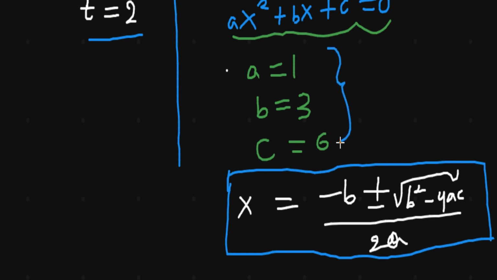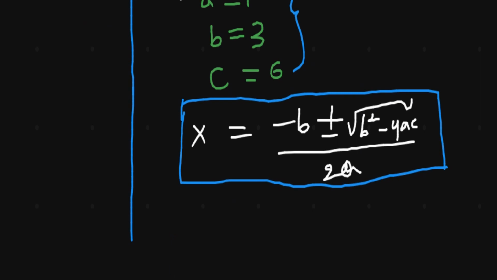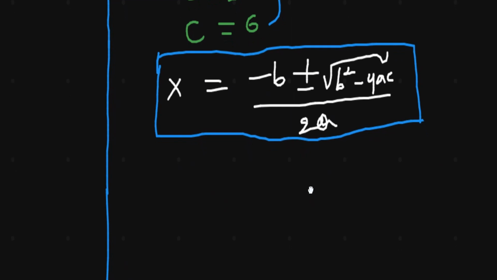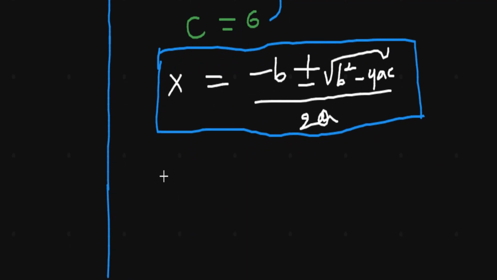So we are substituting these values in this formula for getting the solutions of t. So here we are substituting the values. t is equals to minus b.